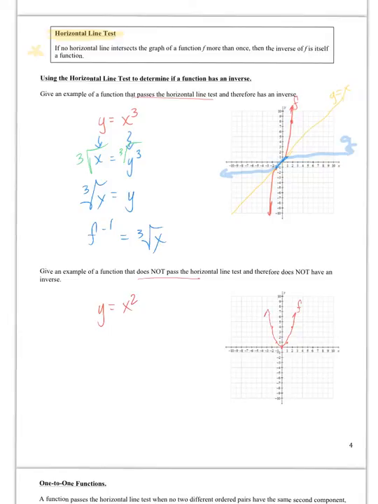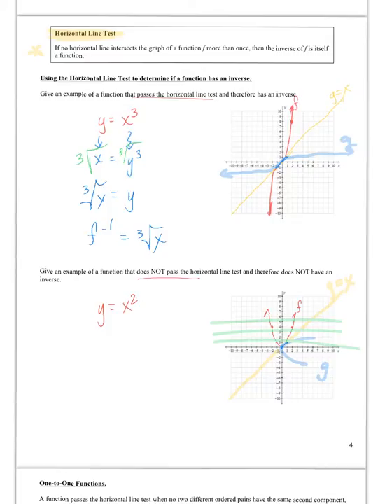And if I were to reflect it across the line y equal x, well, its graph would look like this. Now, we know that's not a function. So if I were to reflect f across y equal x, I'm going to get the graph g, which is not a function. And we could have seen that because the original function does not pass the horizontal line test.